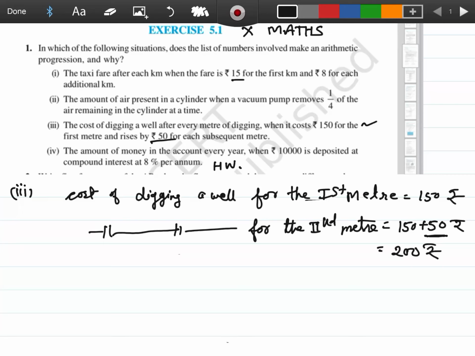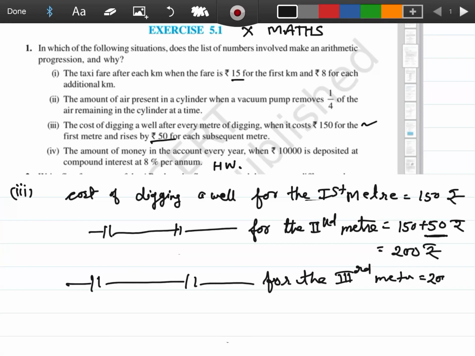Now for the third meter, the cost will be ₹200 plus ₹50, that is ₹250.